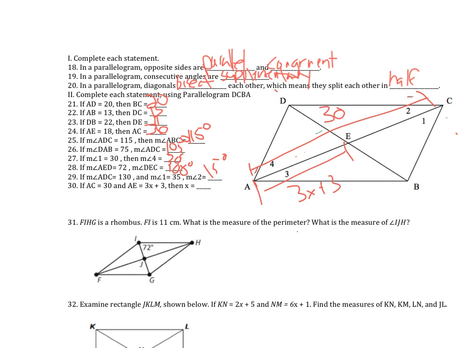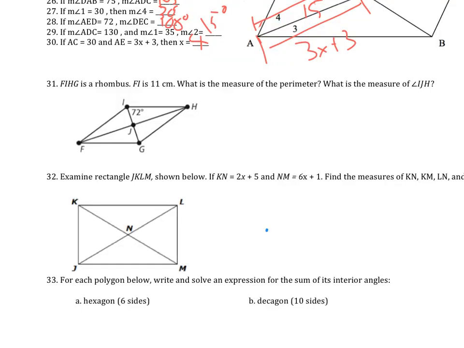Diagonals bisect each other, which means AE is half. So that means AE is 15, which means we can write 3x plus 3 equals 15. I can solve. 3x equals 12. Divide by 3, and x equals 4.